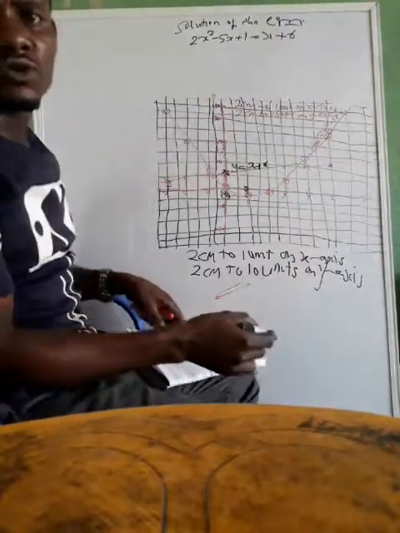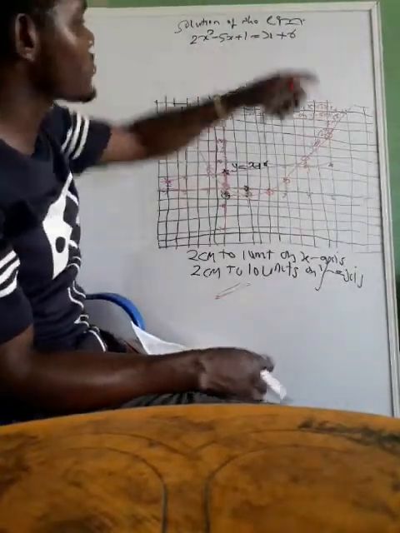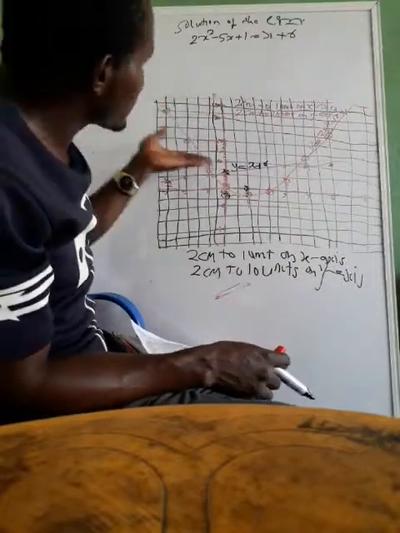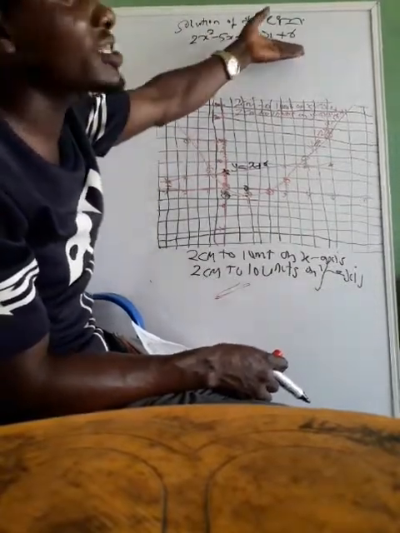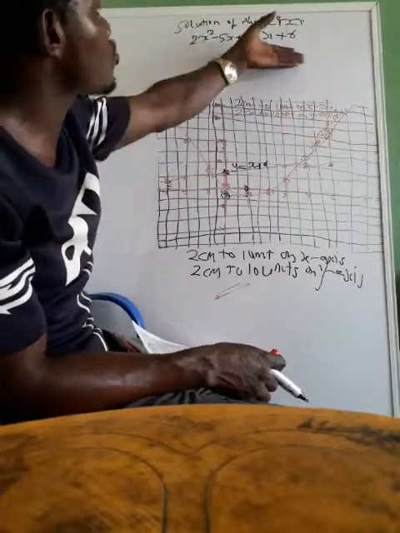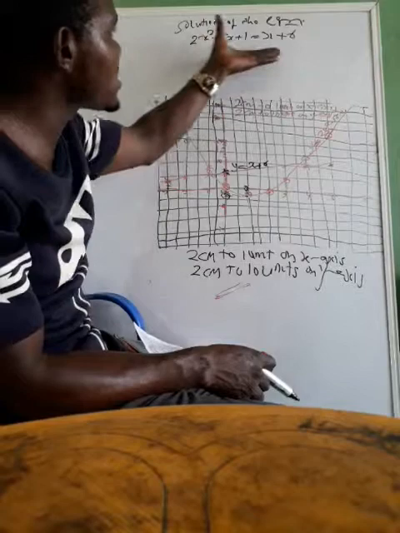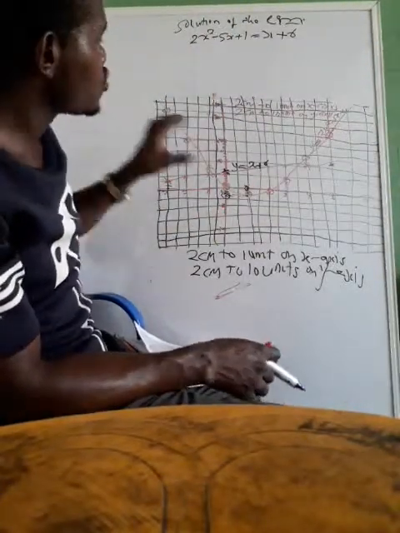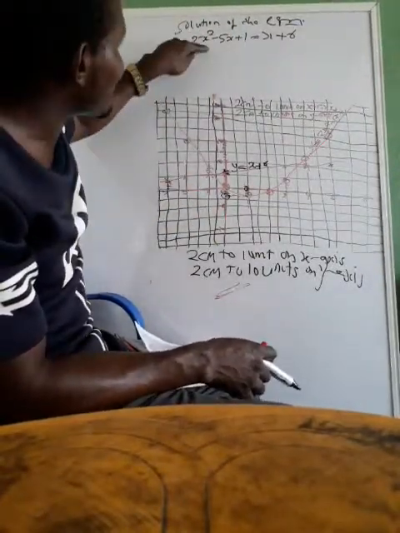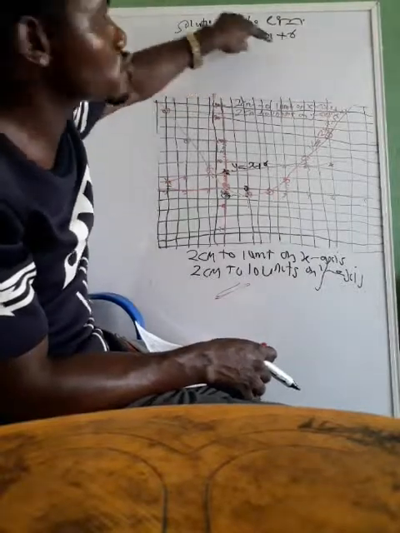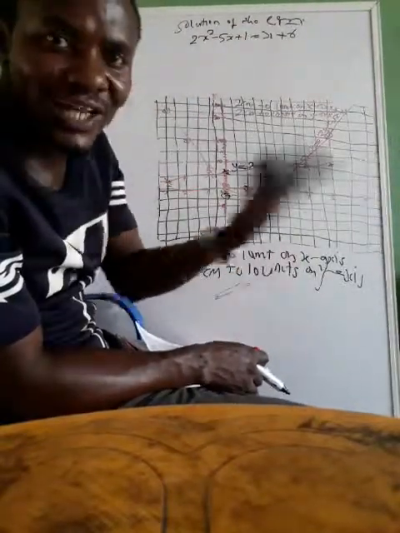Don't let this one confuse you. What are they saying by saying the equation? You've already plotted a graph of this, and you've already plotted the graph of this, and you see that they are both in x. They are saying what is the solution, what is the value of x in this equation. You now go to your graph. Where this graph cuts this graph, you trace it to the x axis and pick your value. That is what they are saying.